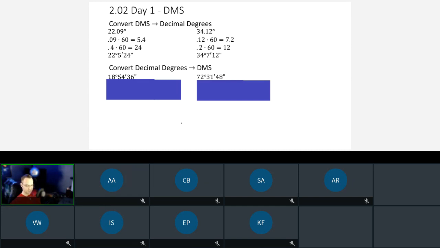Nobody wants to explain this one? Go for it, Antonio. Don't you just do the opposite and divide 36 by 60? And then take that decimal and then do that.